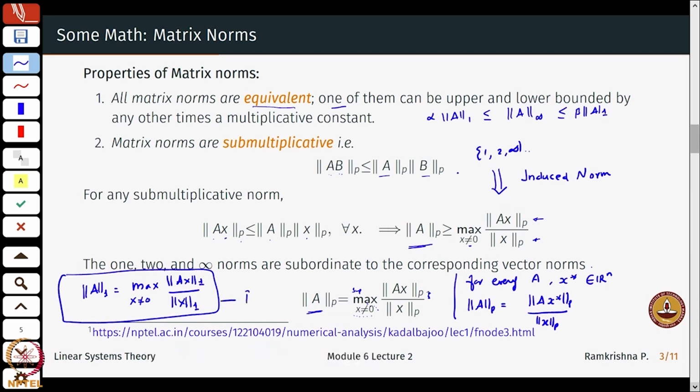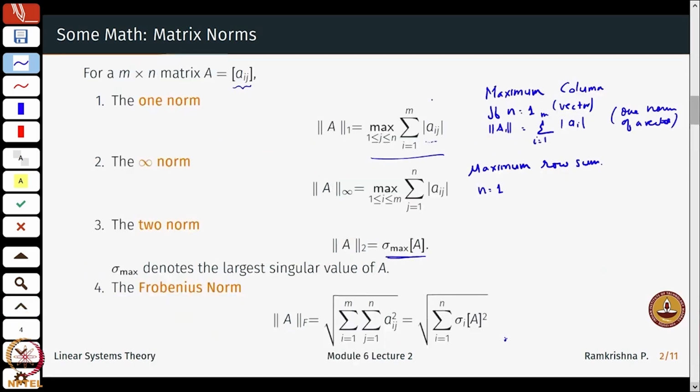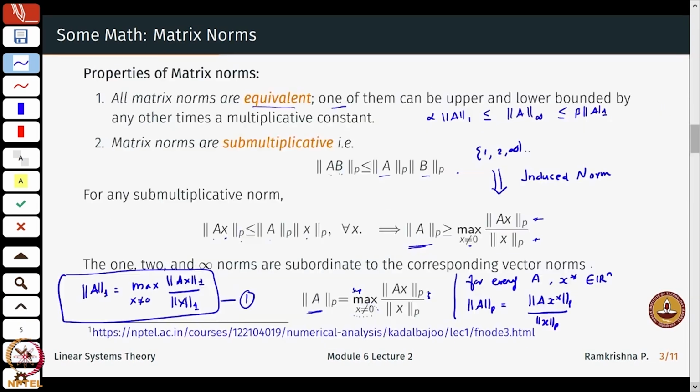Now, is this norm, which I label as 1, equal to the 1 norm that I defined here? If I go back, the question is, is 1 equal to 2?